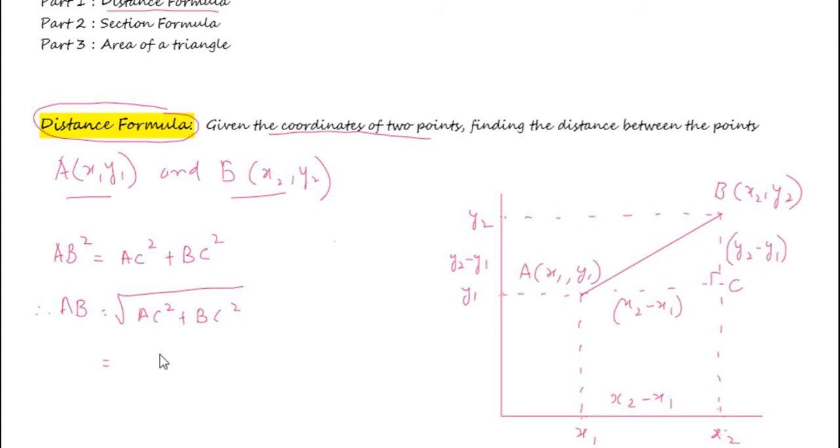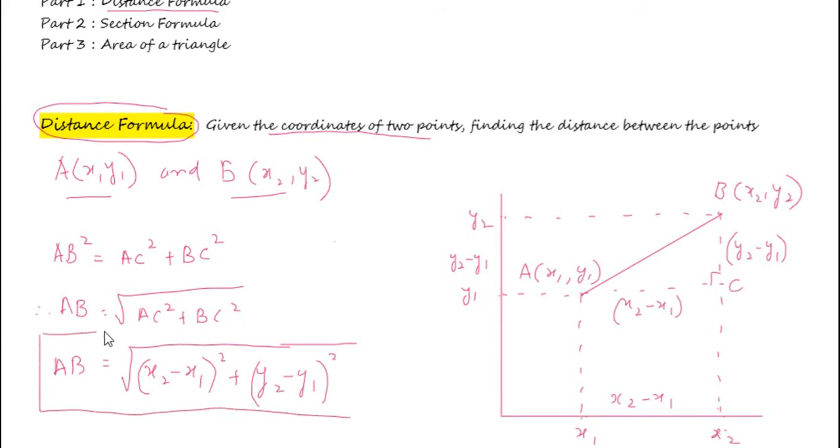Now let us substitute for the values of AC and BC. So square root of x2 minus x1 whole square plus y2 minus y1 whole square. Square root of that is the distance AB, the distance between the points A and B. This formula is known as the distance formula.